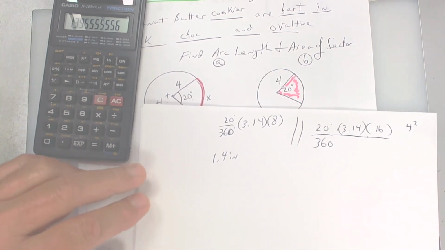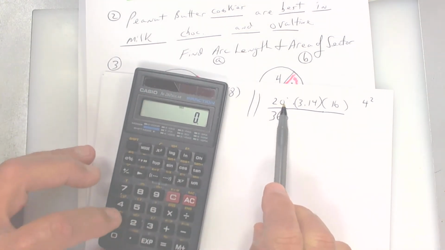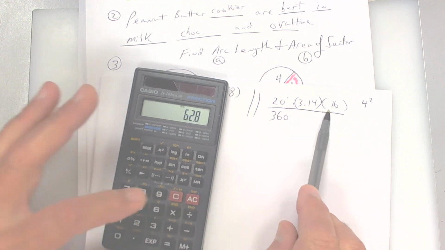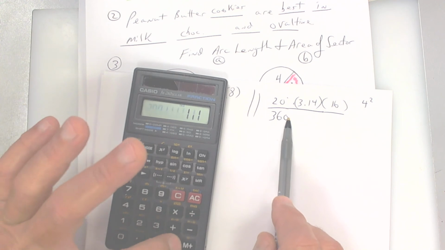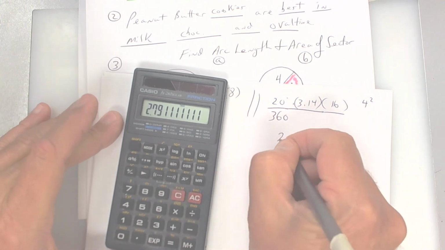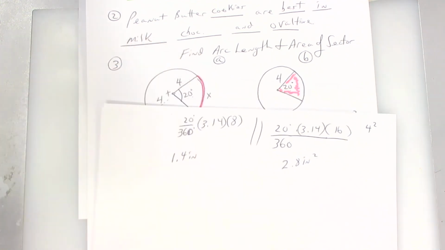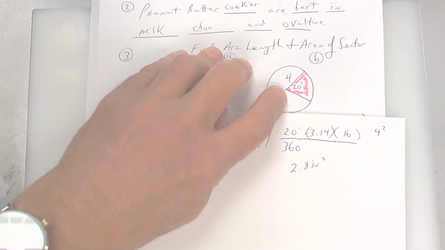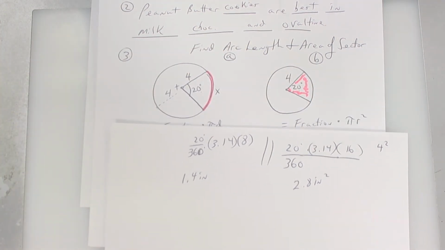All right, now let's do the area. Clear your calculator. We're going to take 20 times 3.14 times 16, press equals, divide by 360, and you get 2.8 square inches. This is area. So this one is like the crust on a slice of pizza. This one is like the whole slice of pizza, including the crust.